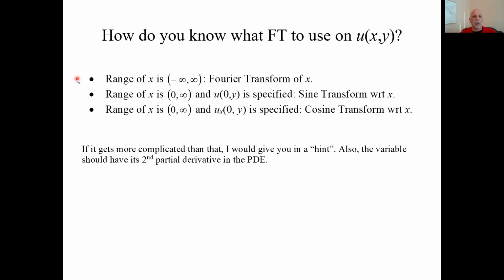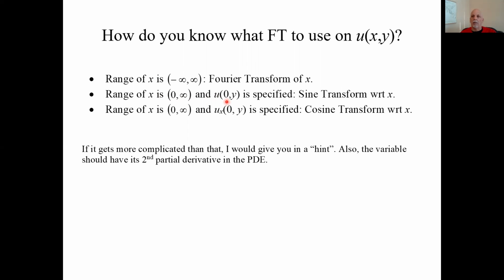Here are the other little rules that go along with that. If the range is truly infinite, meaning all the way from minus infinity to infinity, use the Fourier transform. If it's semi-infinite, then you look for the initial condition. We've already said that we're picking x as the variable we take it with respect to.